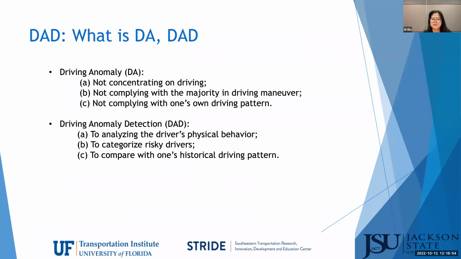So we'll introduce how our model is built in detail. In order to build the DAD, first of all, we need to know what driving anomaly is. First, from common sense, driving anomaly, or DA, includes driving under influence, driving with distraction, aggressiveness, and drowsiness.